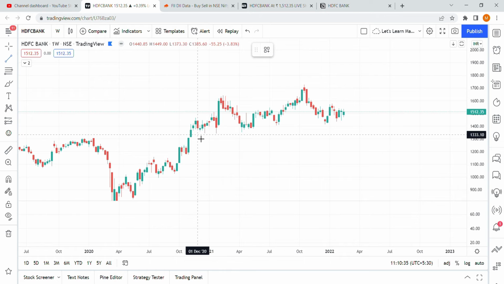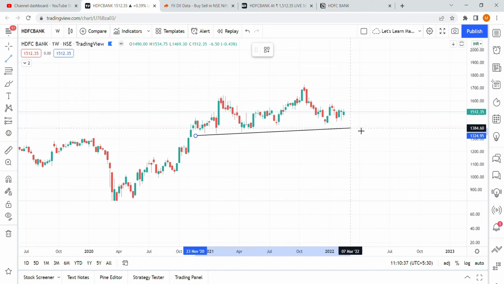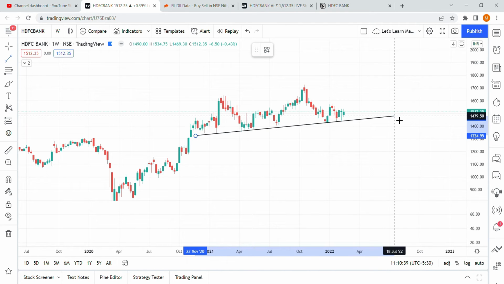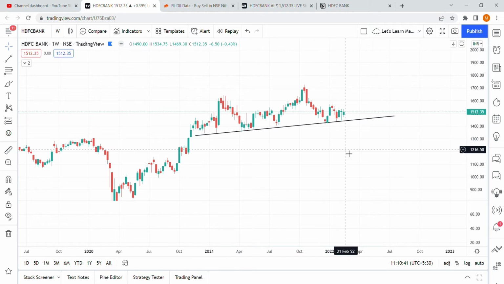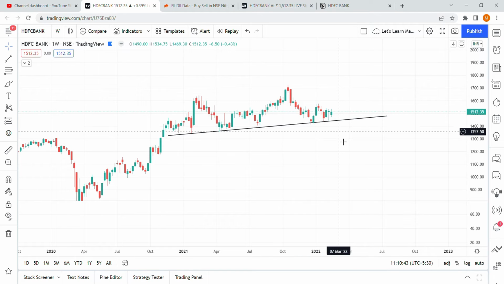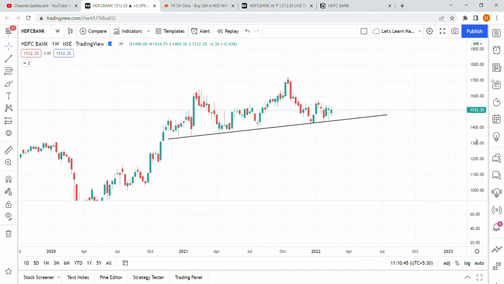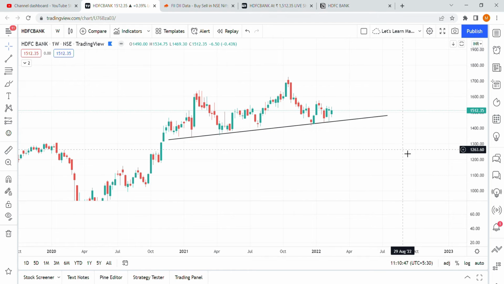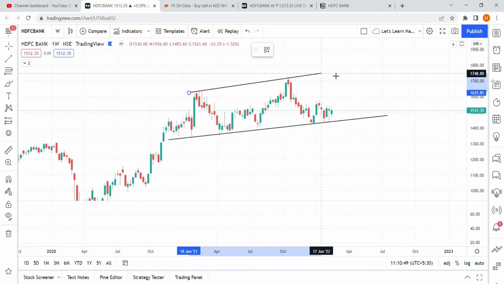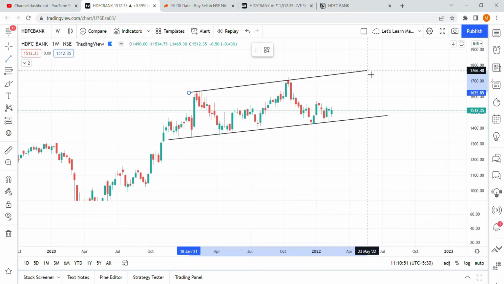So let's draw a trend line here, just like this. Anything below this would be drastic for us. And then on the upper side we have a double top formation.